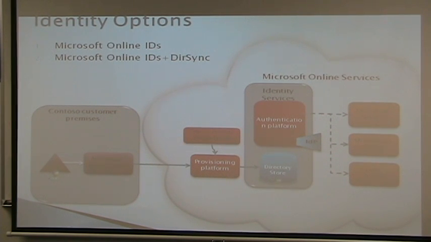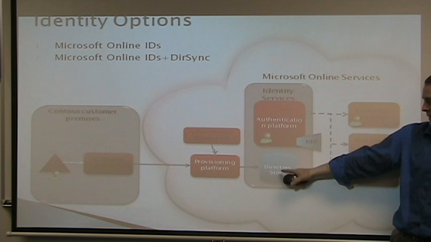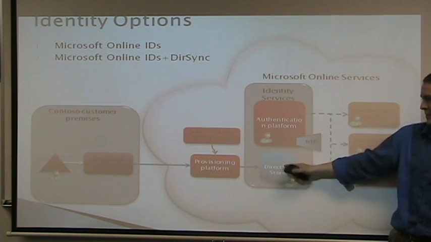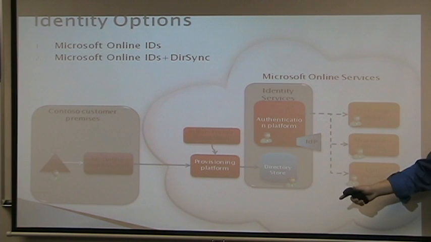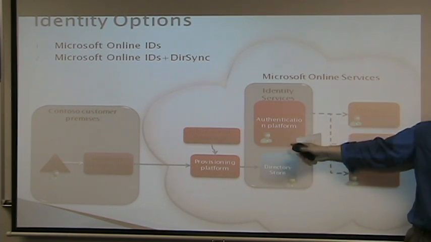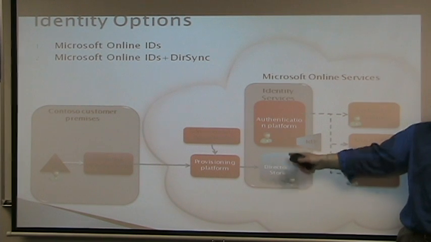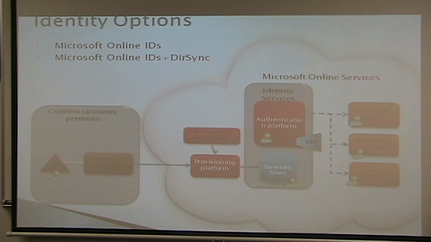The third, and this just demonstrates it, so obviously once you log in, your user credentials, since they're synchronized, the user properties, since they're synced up, so your user account, think of this as your password repository. So your user ID is going to come to the directory store, your password is going to authenticate here, and then of course you can get to your individual subscriptions.